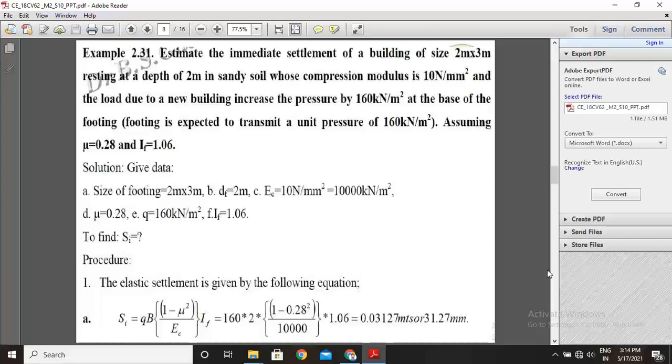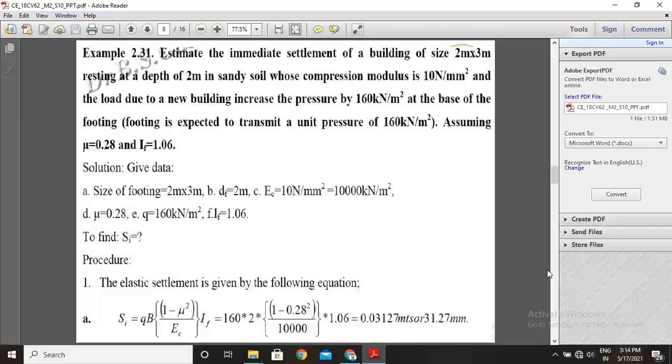Let us see the next problem. I think this is also similar to the earlier problem, that is immediate settlement. While seeing it, it's understood. Estimate the immediate settlement of a building of size 2 meter by 3 meter resting at a depth of 2 meter in sandy soil whose compression modulus is 10 Newton per mm square, and the total load due to a new building increases the pressure by 160 kilonewton per meter square at the base of the footing.